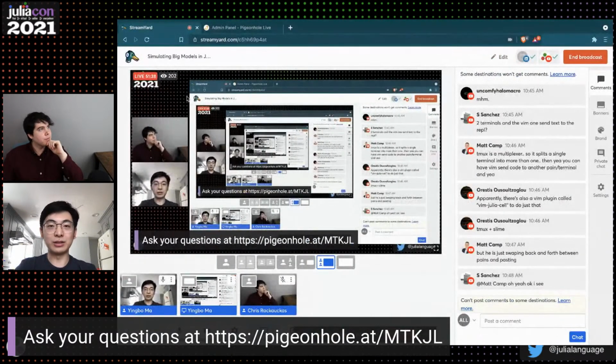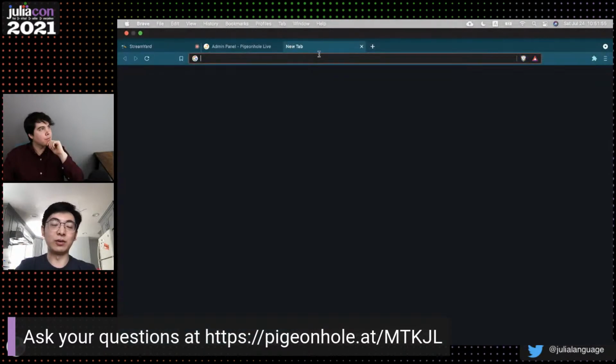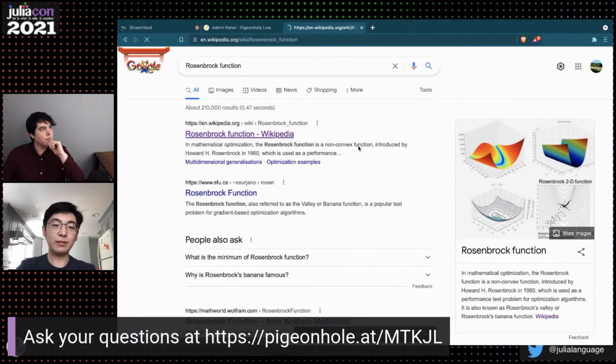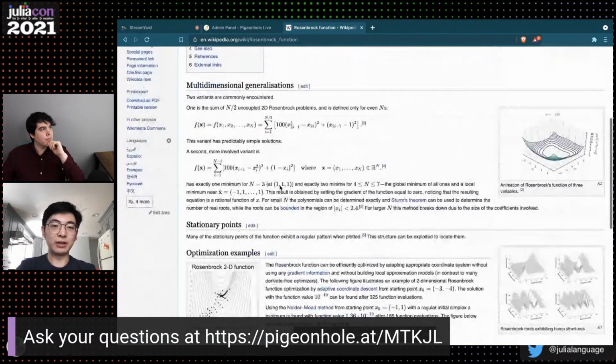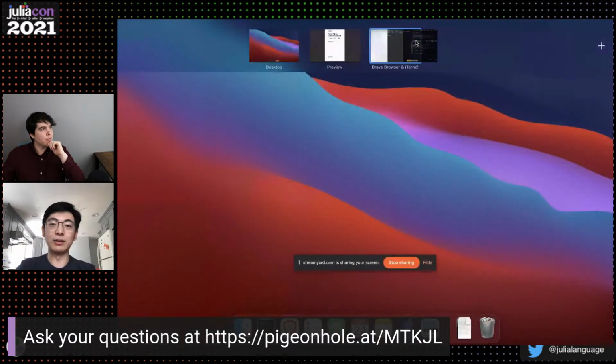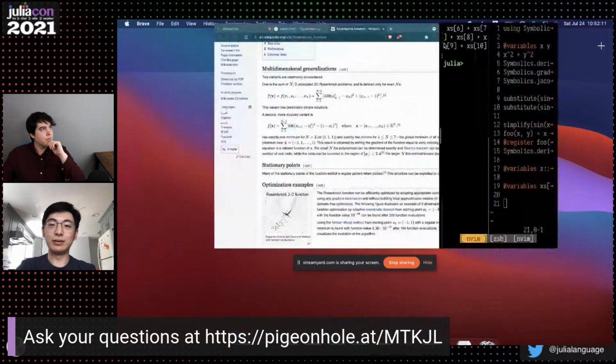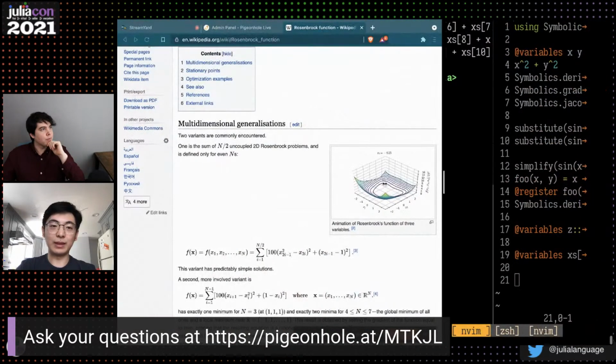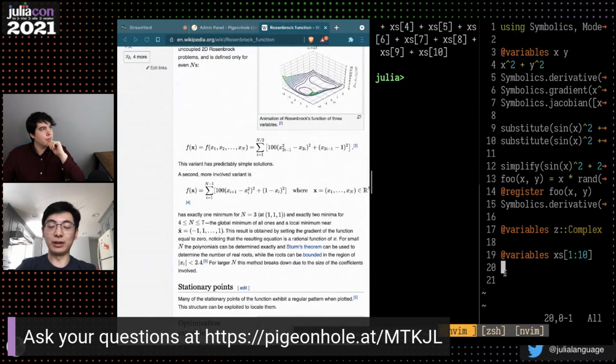So let's Google the symbolic expression of the Rosenbrock function. The Rosenbrock function is defined by this expression, and then we can code it up in here.